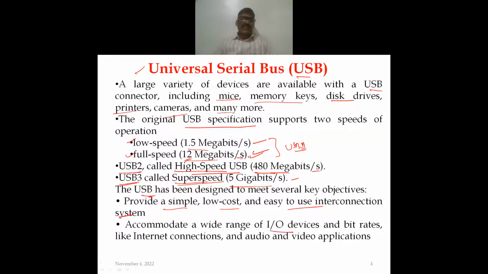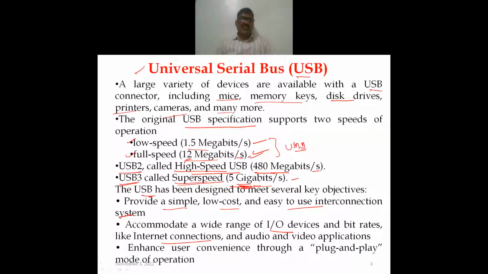For bit rates, such as internet connection and audio video applications, the data transmission rate should be high, in gigabits per second. To enhance user convenience, another very important feature is the plug and play mode of operation, which we achieve with this USB capability.